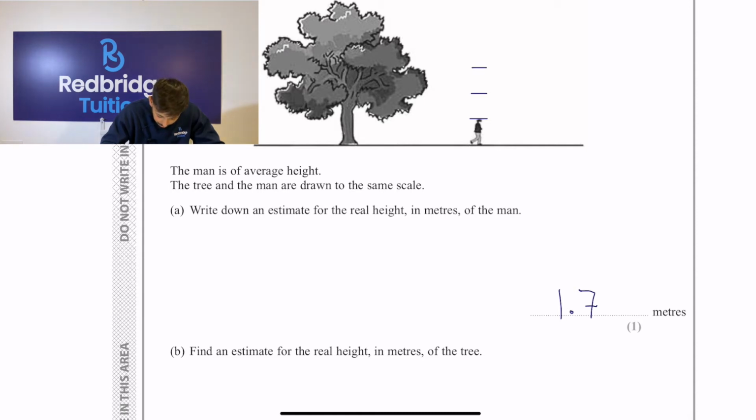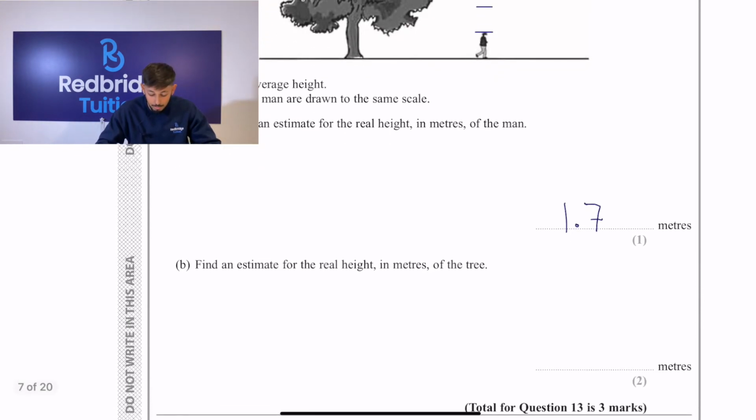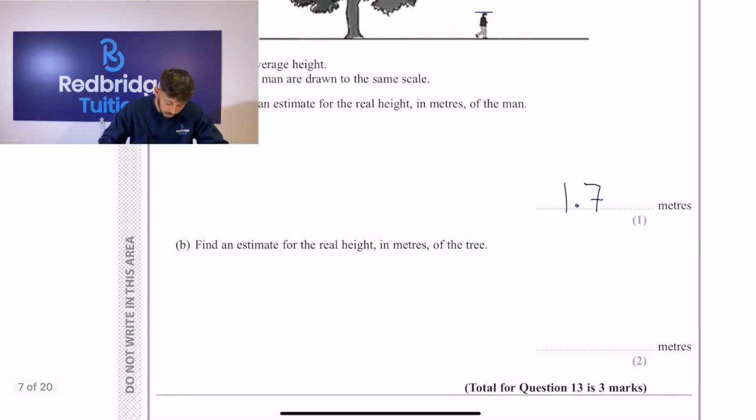This is the third, fourth, and the fifth. So roughly, the tree is the height of about 5 times the man. So we're going to times our answer by 5 to work out an estimate for the height of the tree.